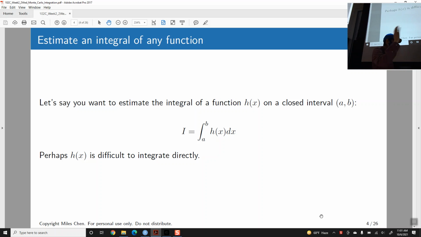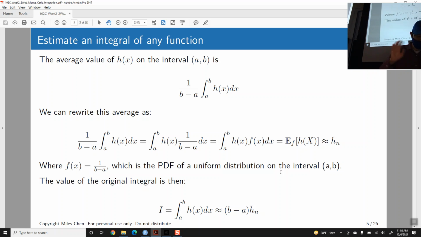Okay, so we said we can use Monte Carlo integration to integrate any arbitrary integral. If we've got some function h of x over some closed interval a, b, we can do this. The way we approach this is we want to turn this into the form integral of a function times a PDF.